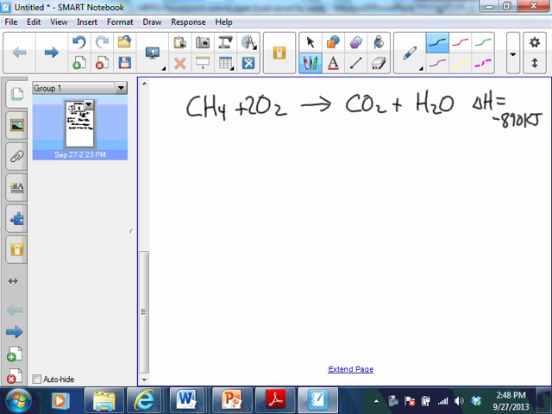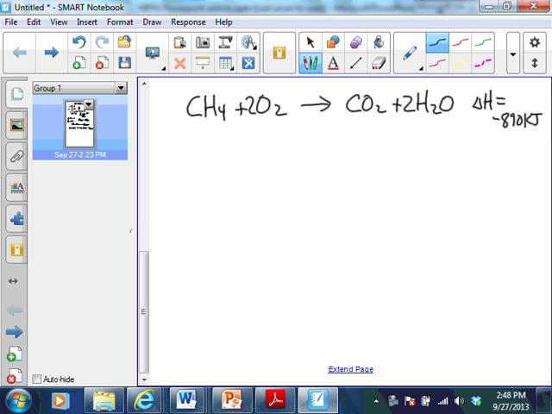Okay, now this equation is telling us something. It's telling us for every 1 mole of methane that burns, we get negative 890 kilojoules of heat. Does everybody see that? So there's a coefficient 1 right here. Oh, I forgot to balance the H2O, didn't I? Sorry. Okay. So for every 1 mole of methane that burns, we get out negative 890 kilojoules of heat.